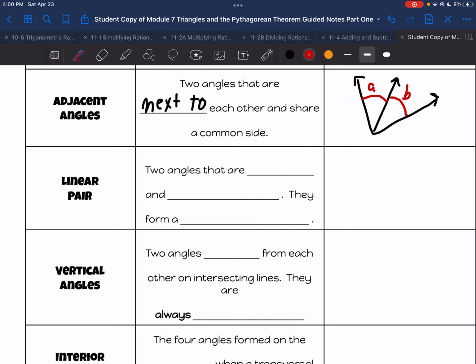All right. Our next definition, I'm going to leave adjacent angles there because linear pairs are 2 angles that are adjacent and supplementary. They form a straight line.